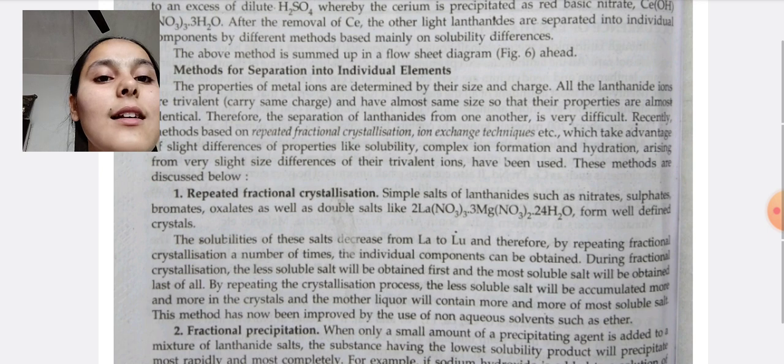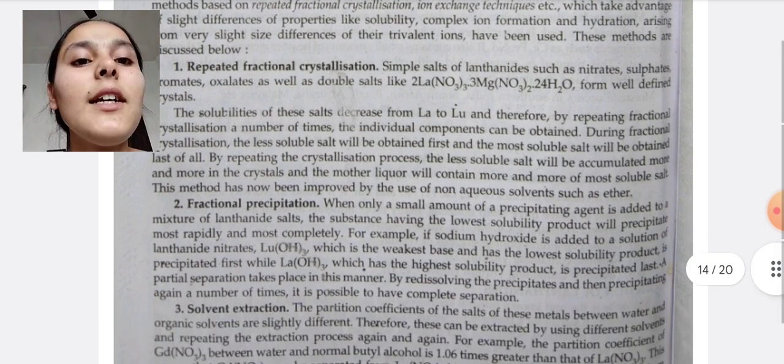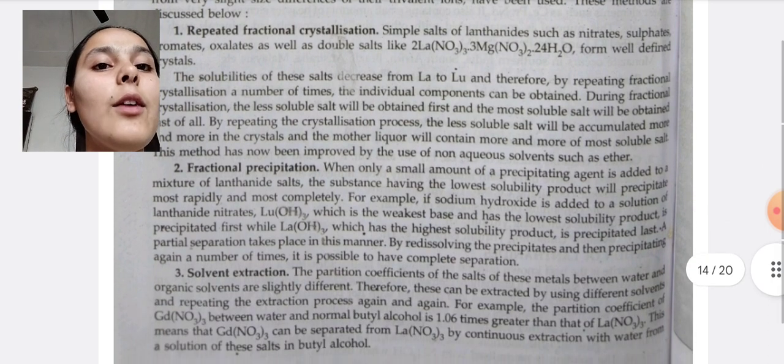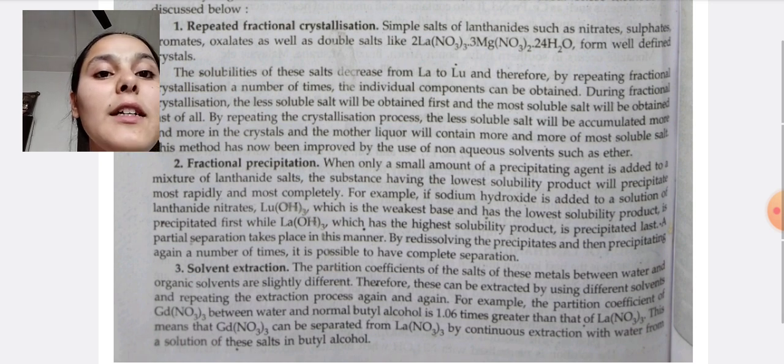This method has now been improved by the use of non-aqueous solvents such as ether. Second is fractional precipitation. When only a small amount of precipitating agent is added to a mixture of lanthanide salts, the substance having the lowest solubility product will precipitate most rapidly and most completely.